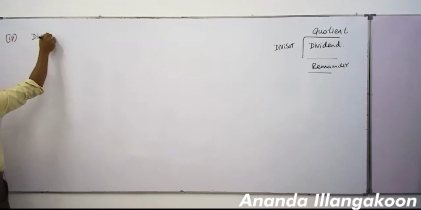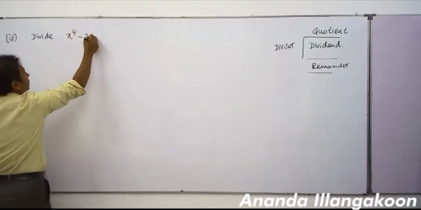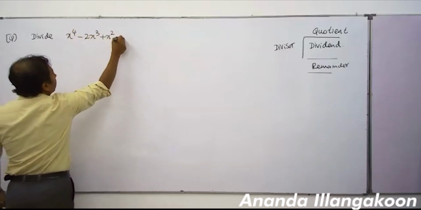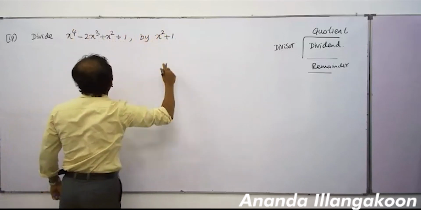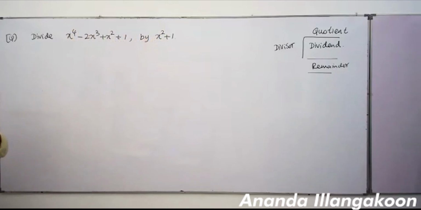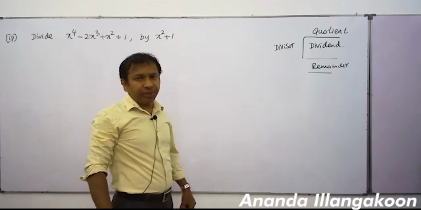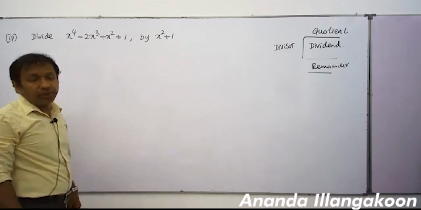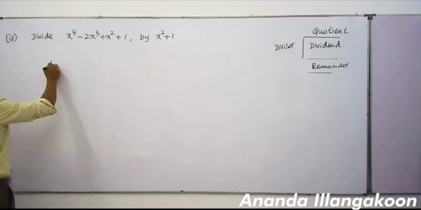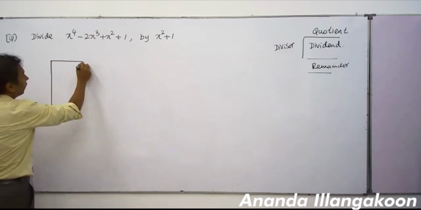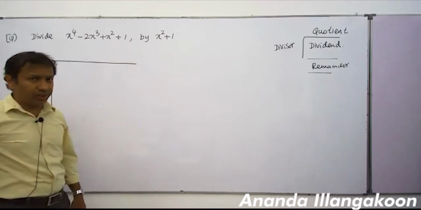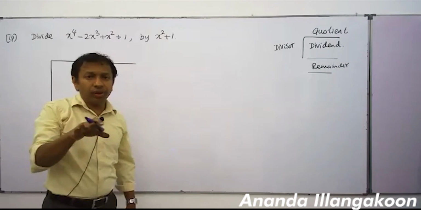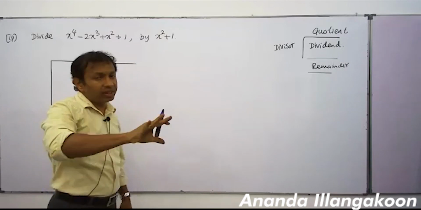Divide x⁴ minus 2x³ plus x² plus 1 by x² plus 1. You should know how to divide this. We did this in the theory class. Then what do we do here? The dividend function is this. Always the given polynomial function we have to arrange in the descending order of the powers of the variable x.